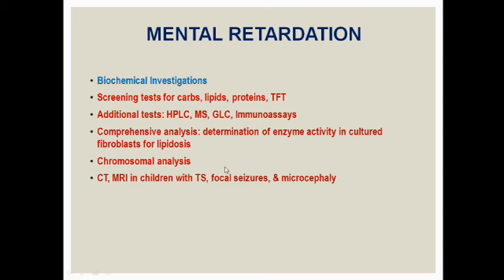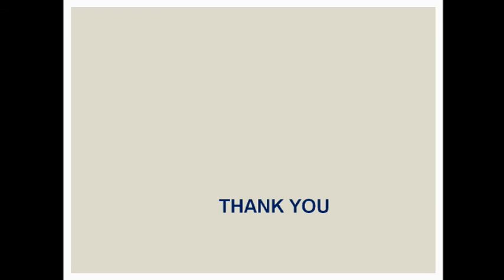Using those technologies we can even perform the chromosomal analysis, and CT or MRI scan in children with seizures, focal seizures, microcephaly, and tuberous sclerosis, which we are going to study in the final year mostly. And in these cases we can have a CT and MRI scan done.